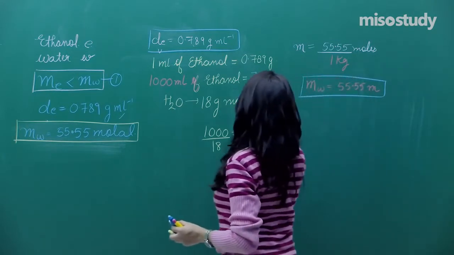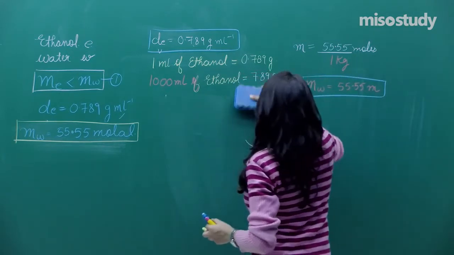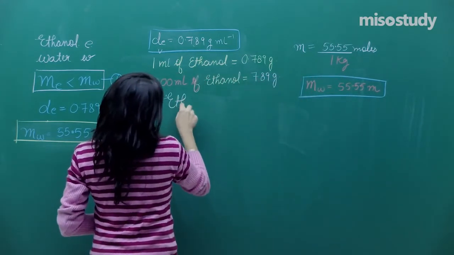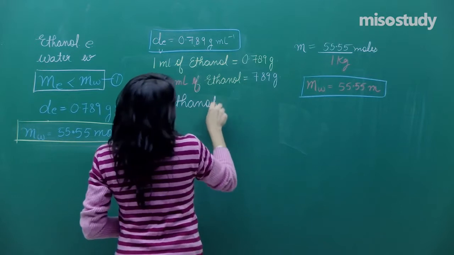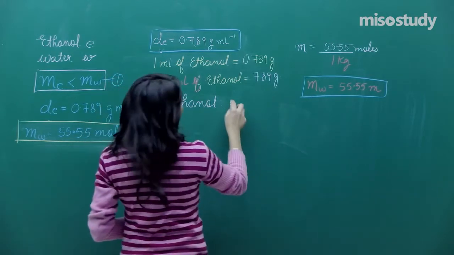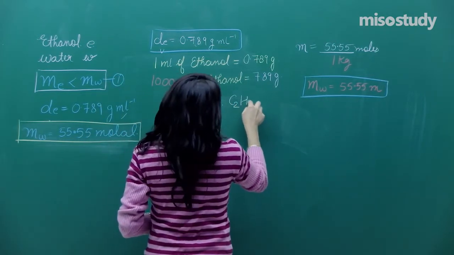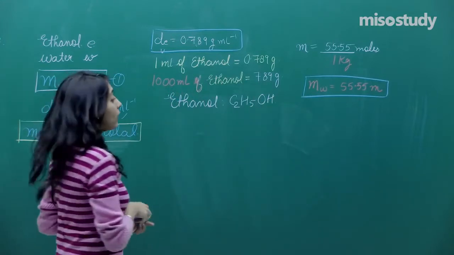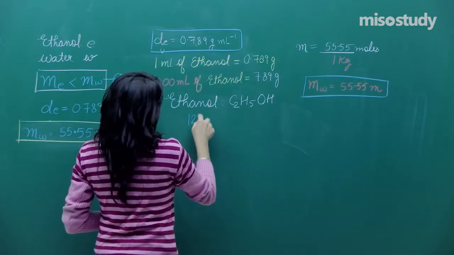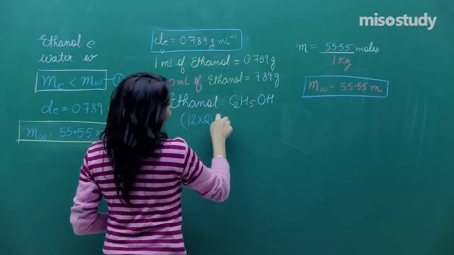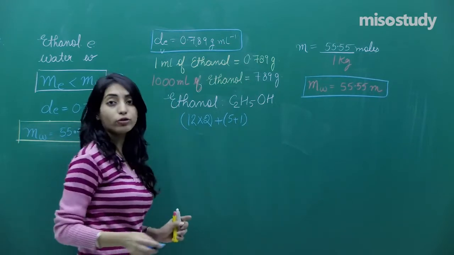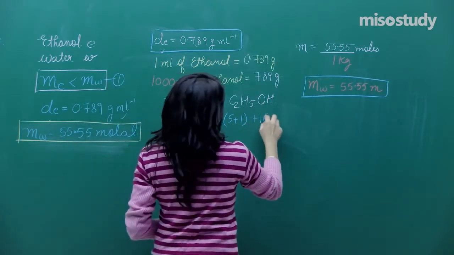Now moving further, can I write what is the molar mass of ethanol? If I am talking about ethanol, the formula is C2H5OH. And if you calculate the molar mass of ethanol, it will be 12 into 2 plus 5 plus 1 for hydrogen, like 6 hydrogens are there, plus 16.